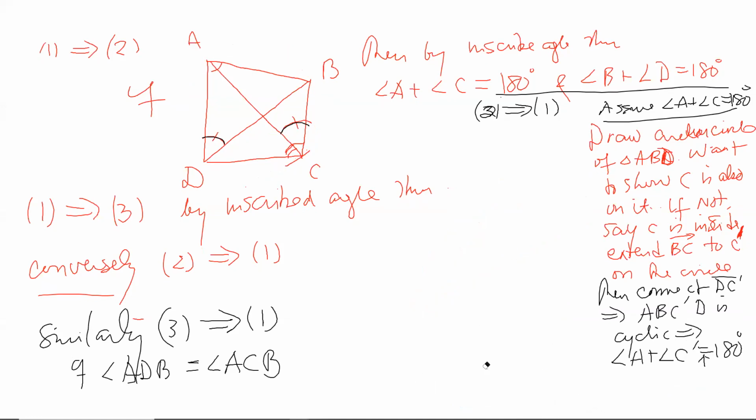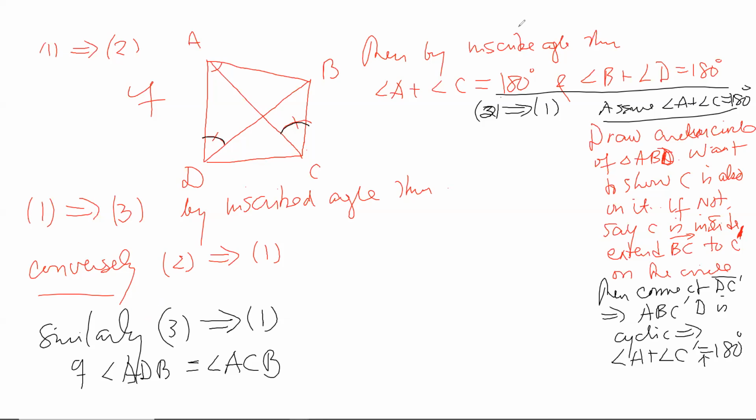We only have these 2 angles equal. So how do I prove that these 4 points are on the same circle? That's what you need to prove. William, you understand my question?